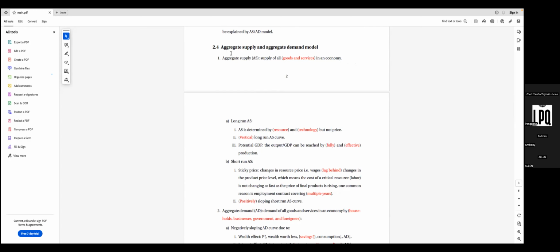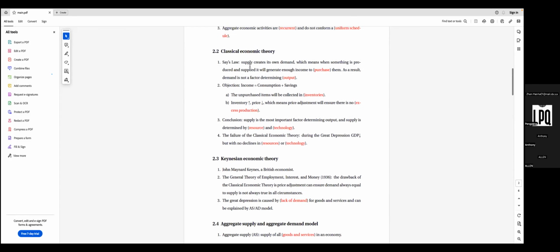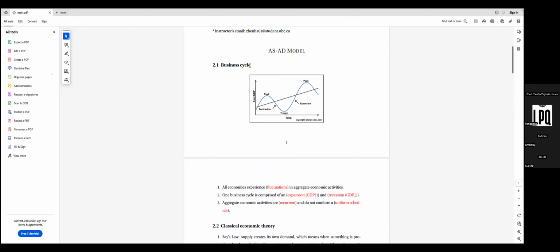Aggregate in English just means total, so it can be interpreted as a total supply and total demand model. Professionally speaking, we just call this the ASAD model.